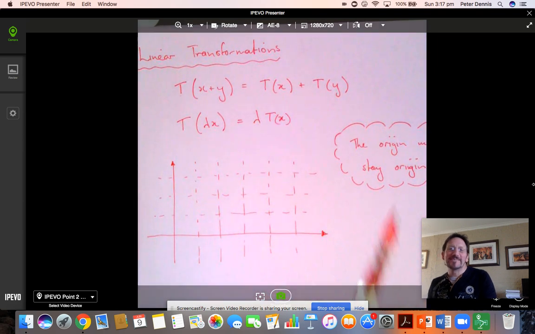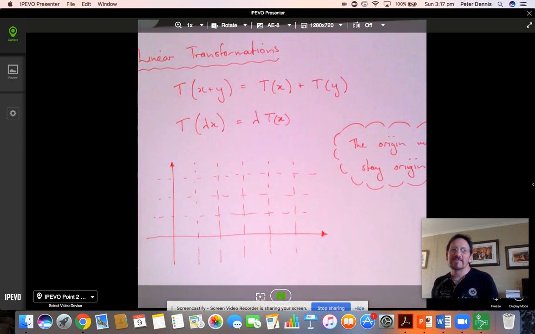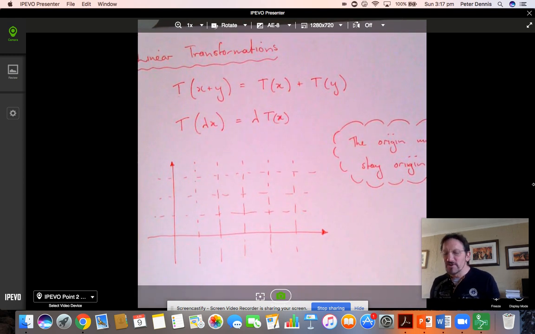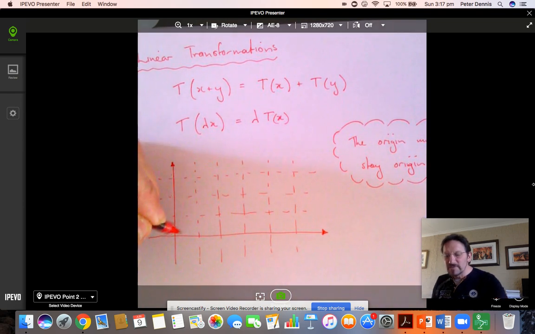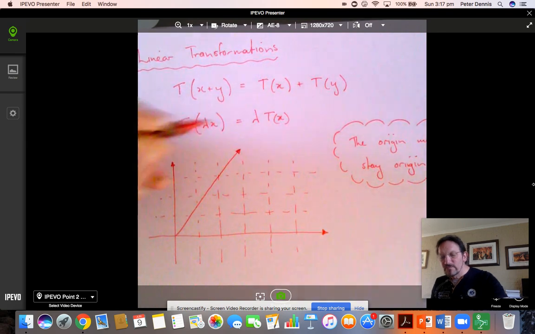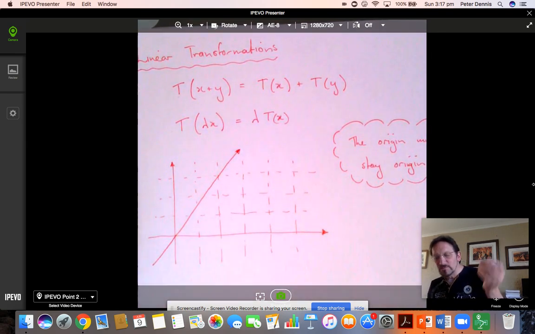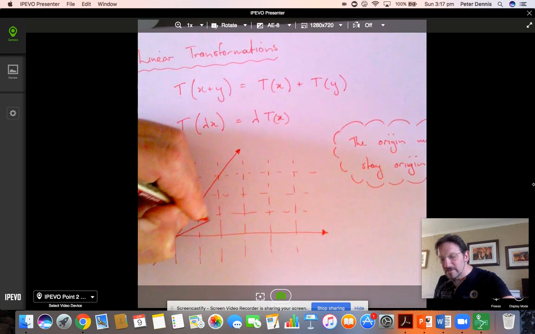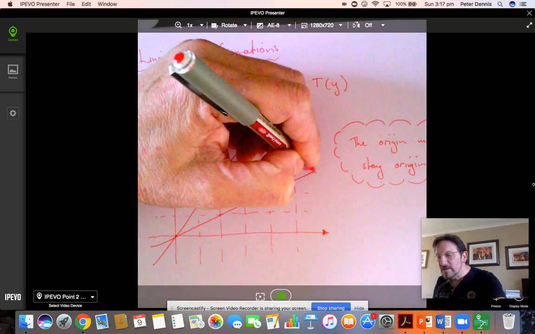The origin must stay the same. For linear transformations, the origin must stay the same, and that's always a nice one to check, especially if you have to prove that it's not a linear transformation. So basically, if we were to make a linear transformation on this axis, these are the standard axes, the new axis might look something like this, where that becomes your y-axis, say, and your x-axis might come out here.